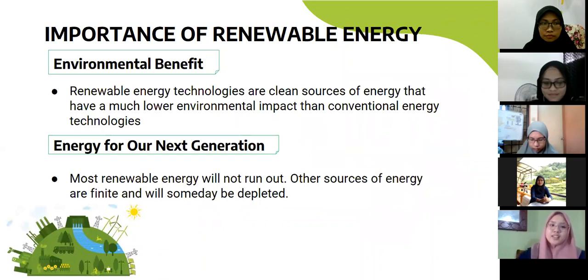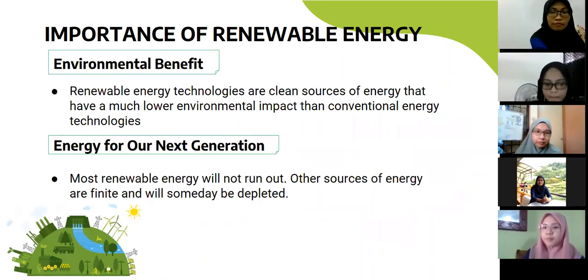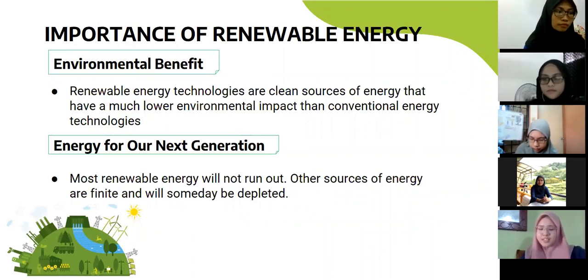Okay, so the next slide is the importance of renewable energy. So obviously the first one is that it is environmentally friendly, because renewable energy technologies are clean sources of energy that have a much lower environmental impact compared to conventional energy technologies such as coal and petroleum. It is mentioned as lower because there are actually some disadvantages of renewable energy, which will be mentioned later.